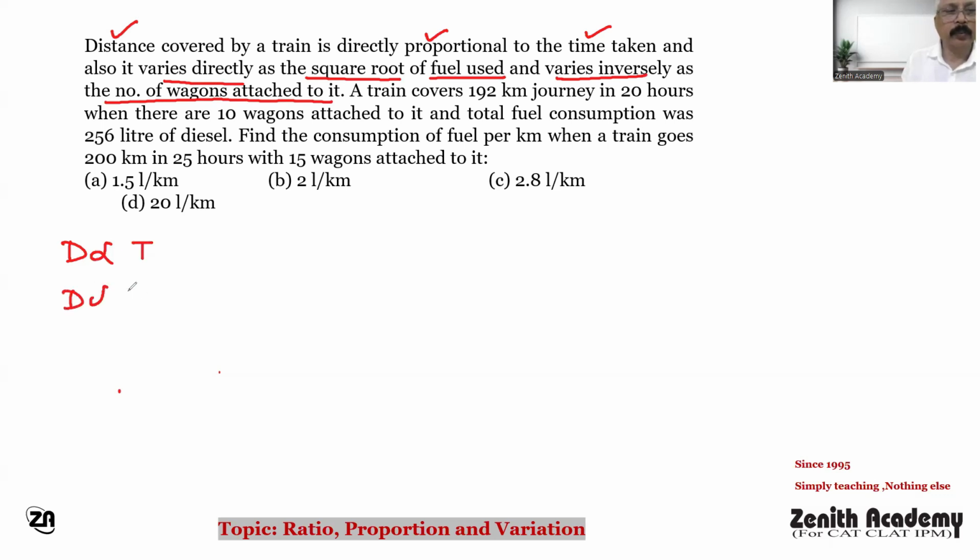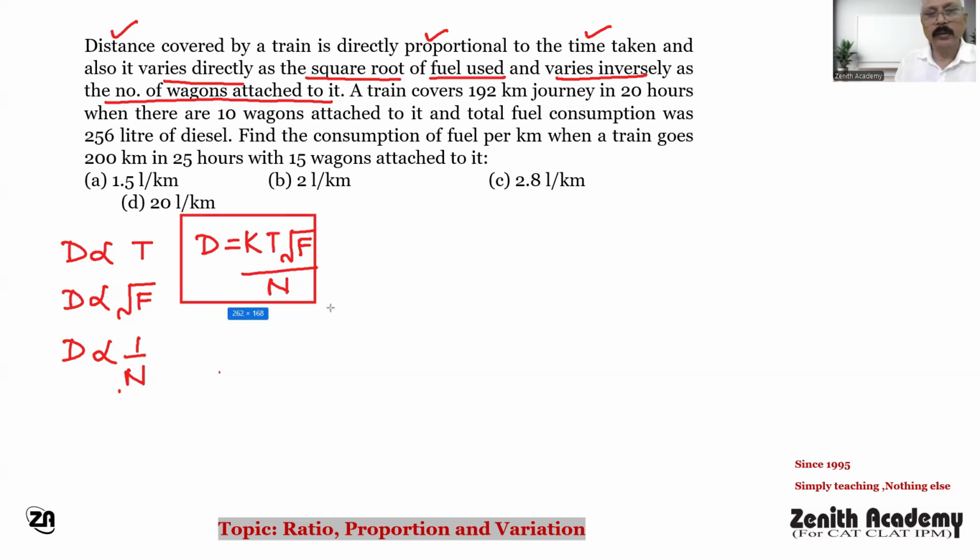Distance is directly proportional to the square root of the fuel used. And distance is inversely proportional to the number of wagons attached. So the mixed variation is like D is equal to constant times T times square root of F upon N. Correct?